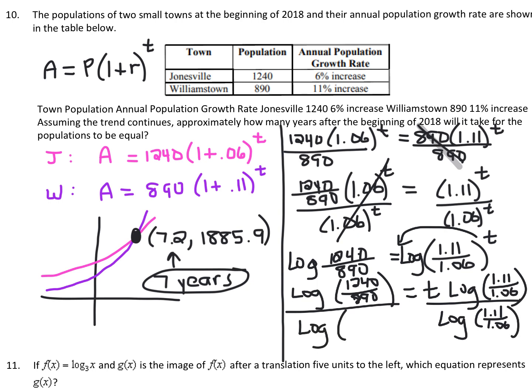This is a tricky concept. This is hard to solve algebraically. Okay, so these cancel, and I'll bring down the t. And then all you're going to do is plug this in your calculator exactly like you see it. And when you do, you get approximately 7.2. So I guess the nearest year would be 7 years.